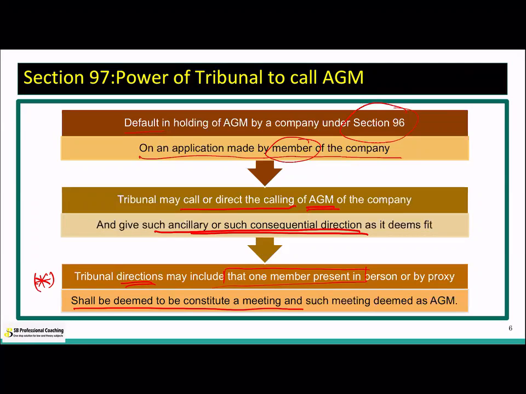This is a small provision, not a very important provision, but do remember, in a case study they might ask you the due date within which a company has to hold an AGM. The second part of the question may be, if the company does not hold the AGM within the prescribed time limit, what is the remedy available? So you will have to then write section 97 in this case. I hope this is clear.